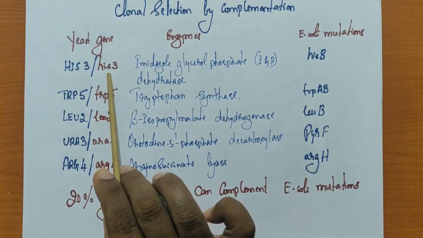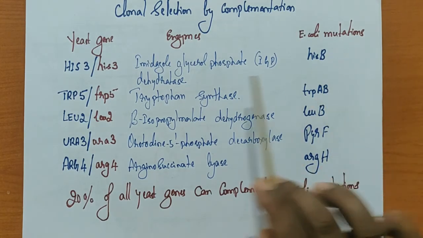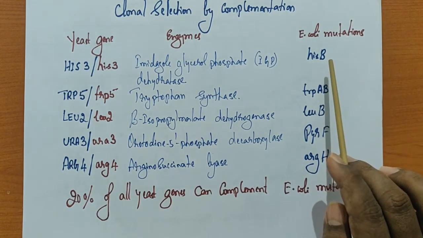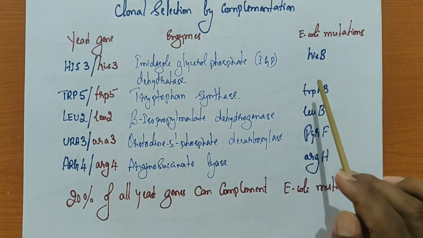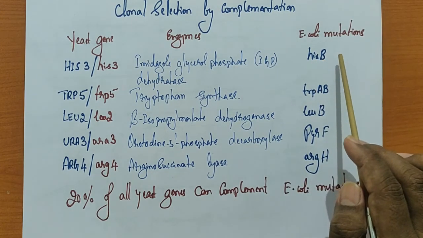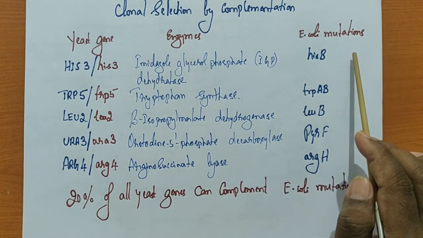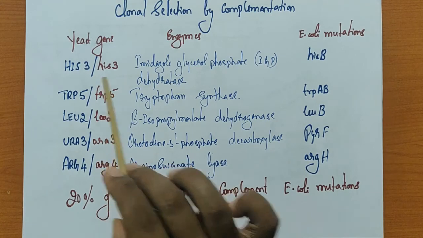Again, this represents the yeast gene product. The similar one in the case of E. coli is not histidine 3, but the histidine B gene. Here all the E. coli genes, plus or minus, are written as hisB plus for positive and hisB minus for the mutated one, whereas in yeast it is the capital letter and then the small letter.